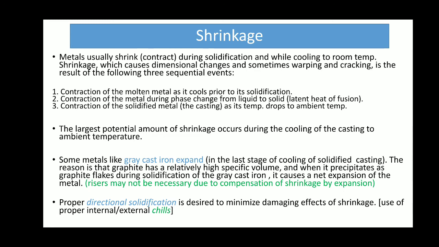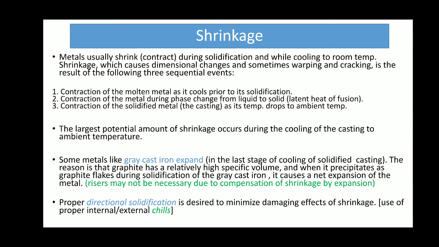Some metals, like gray cast iron, expand in the last stage of cooling of the solidified casting. So it is kind of an exception. Generally we know all metals contract during solidification, but gray cast iron expands in the last stage of cooling of the solidified casting. The reason is graphite.